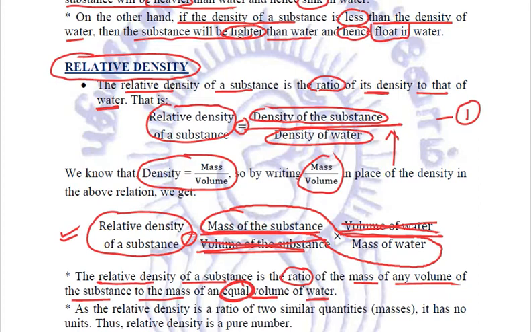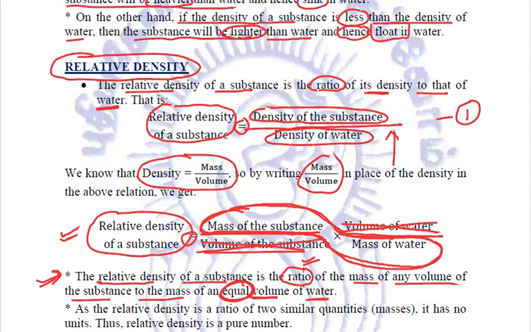Only then can we express the above equation in these words: the relative density of a substance is the ratio of the mass of the substance of any volume to the mass of an equal volume of water.